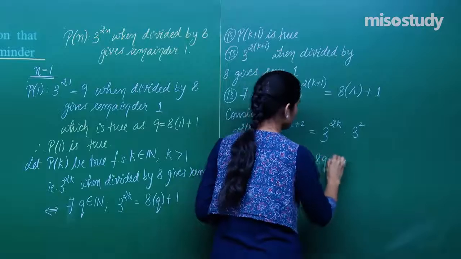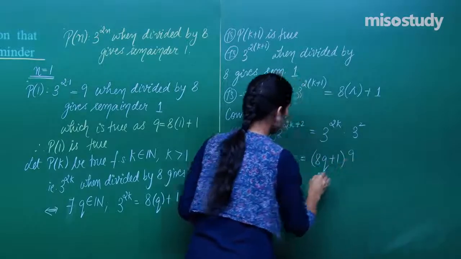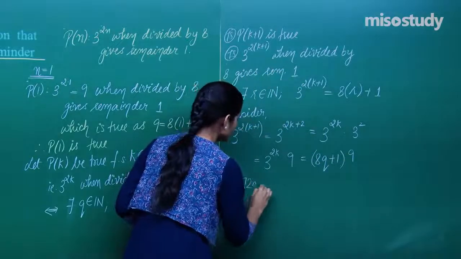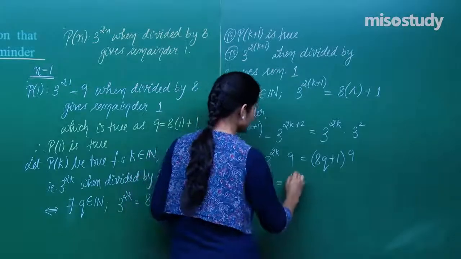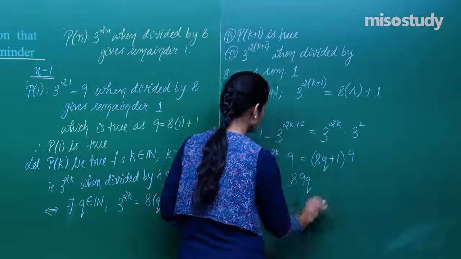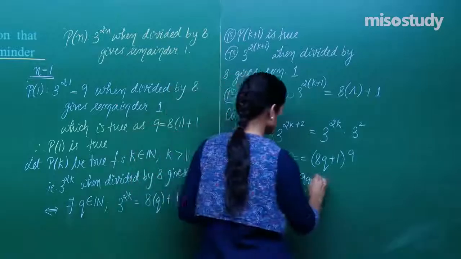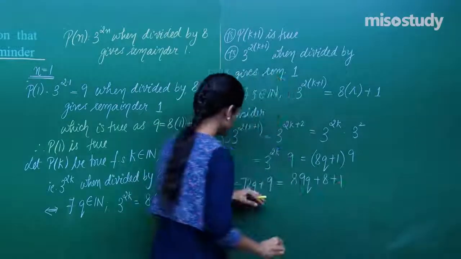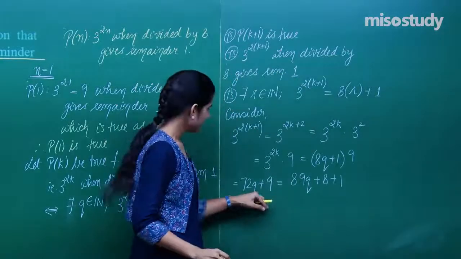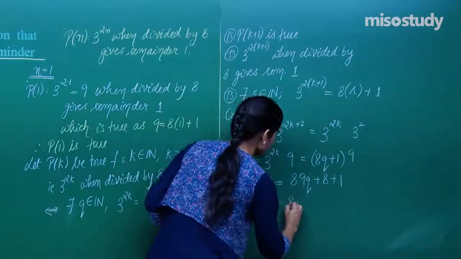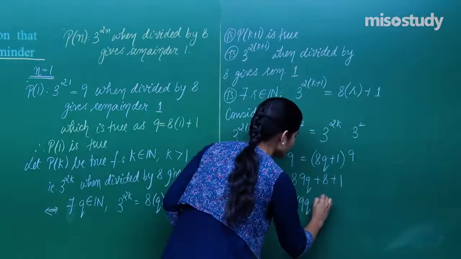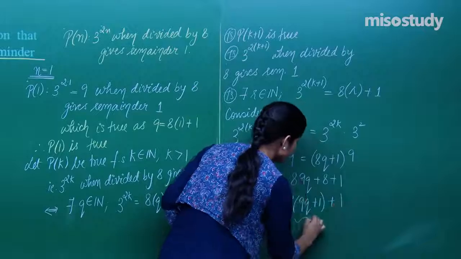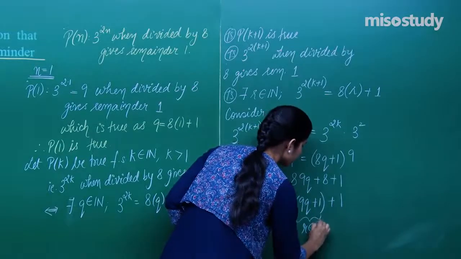So this is 8q plus 1 into 9, it is 72q plus 9. This can be written as 8 into 9q plus 8 plus 1. 8 into 9q is 72. 9 can be written as 8 plus 1. I can take out 8 common, I have 9q plus 1, plus 1, and this is what is your r.